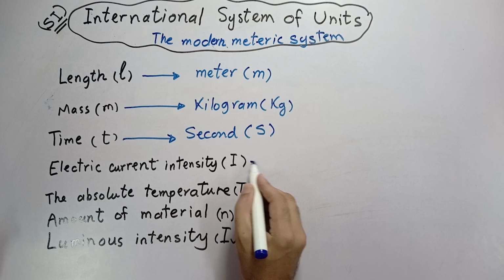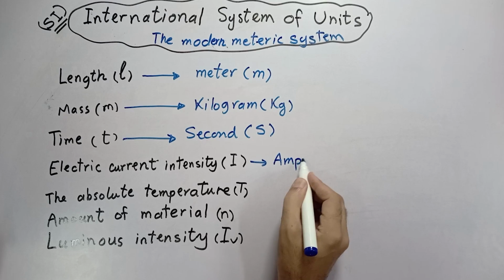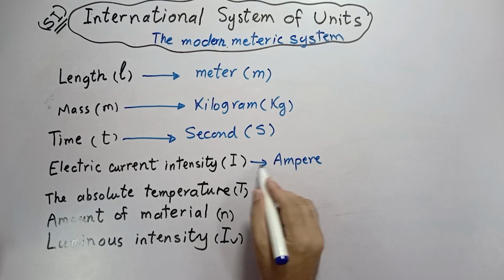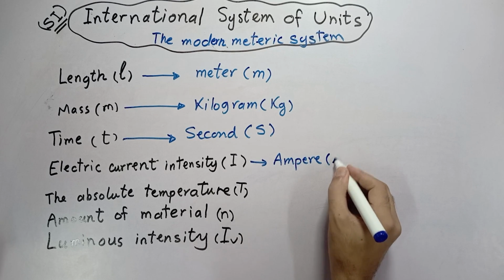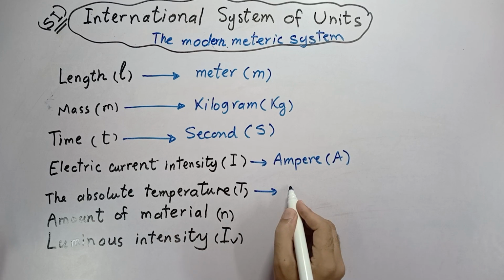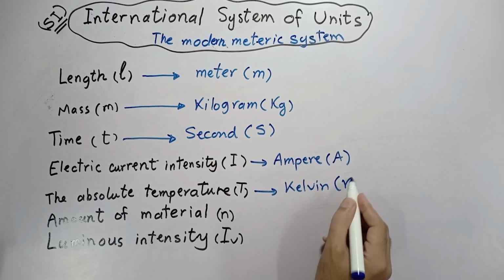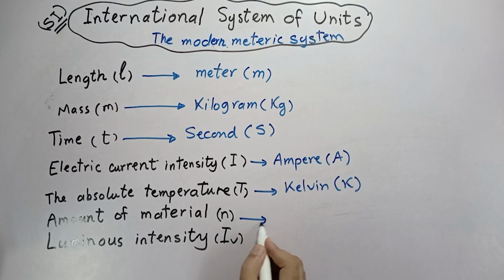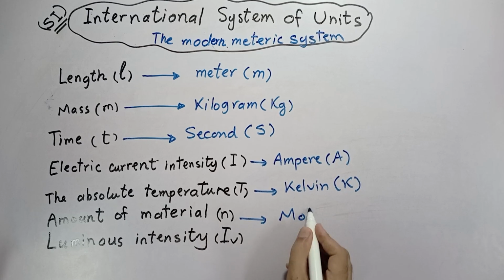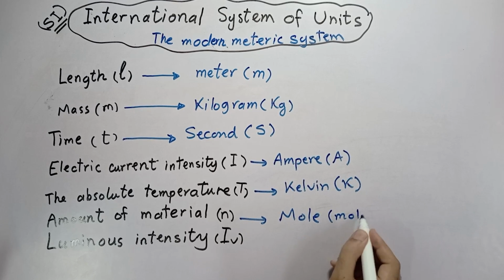Current intensity, we use ampere. It's a French word. A. Absolute temperature, we use Kelvin or K. Amount of material, we use mole or mol.